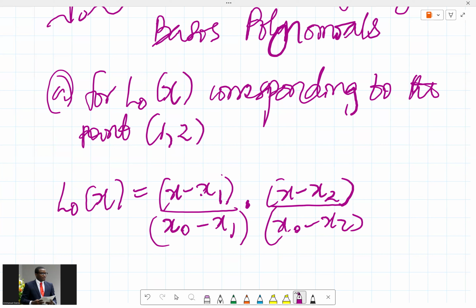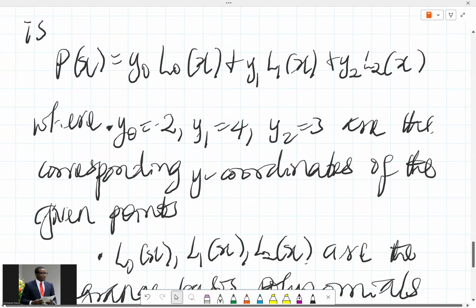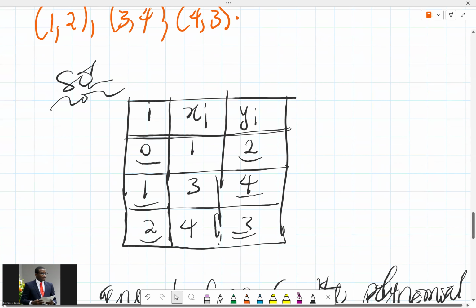That's basically the idea here. So don't forget, this is what we are looking at. Since our focus is x naught, we are going to have x minus x1 divided by x naught minus x1. Then we are going to have general x minus x2 divided by x naught minus x2. That's how that actually works.